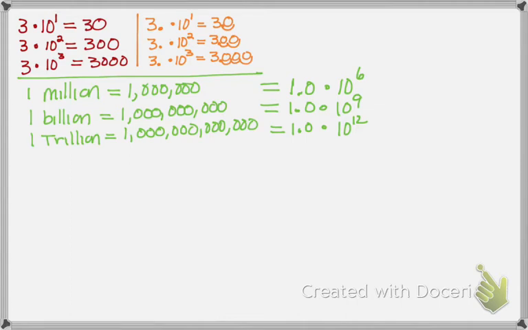So the last one was a $1.9 trillion package. 1.9 trillion. Well, how do I write the number 1.9 trillion? $1.9 trillion is going to be 1,900,000,000,000.